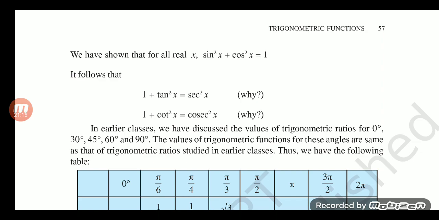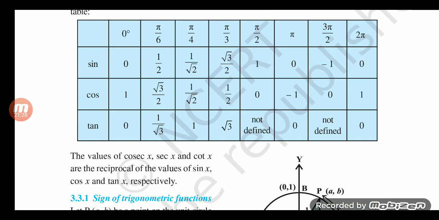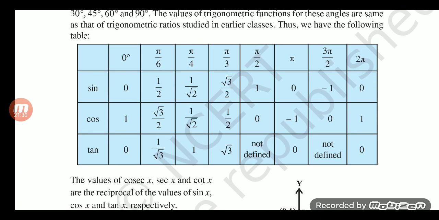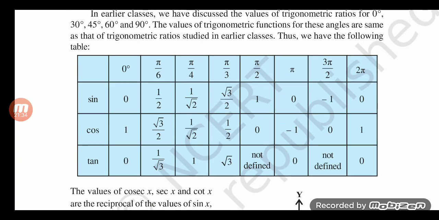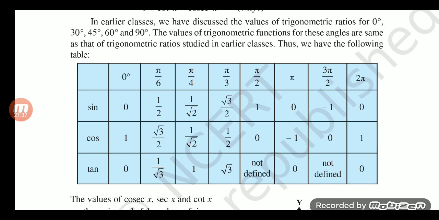So yeah, 1 plus tan square x equals sec square x. How will that be possible? We'll show this in a bit. So from that we can take the table out too, right? How do we take this table out?